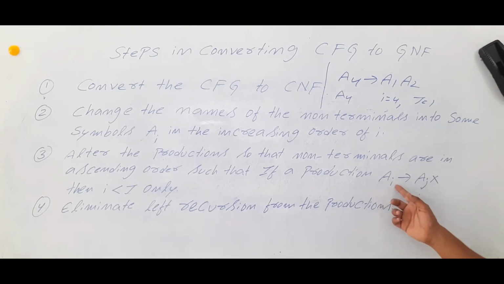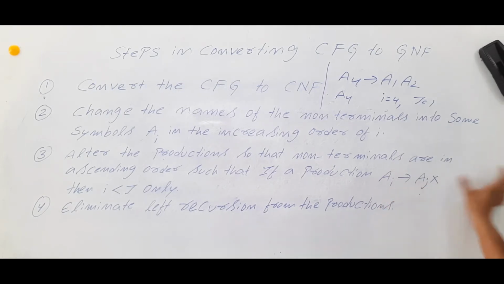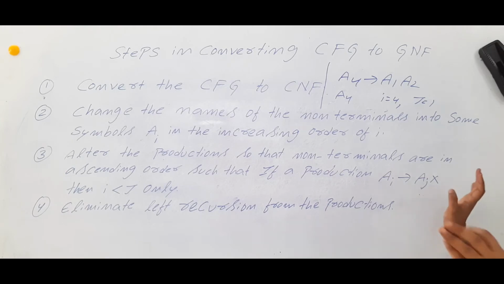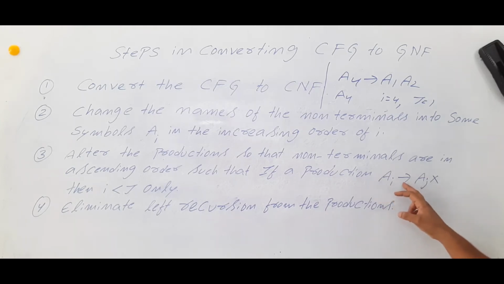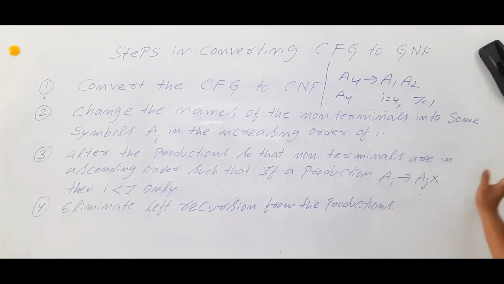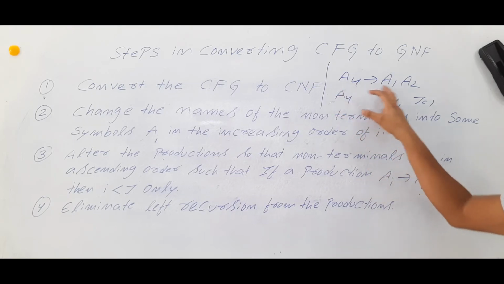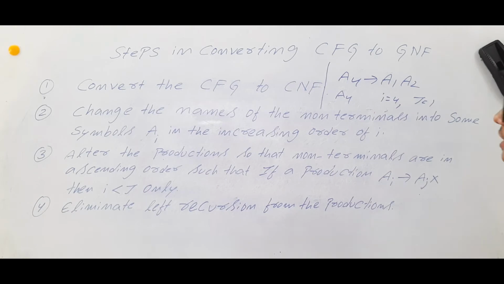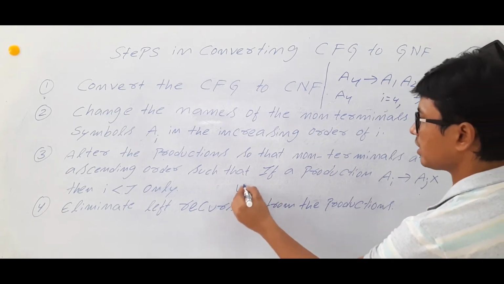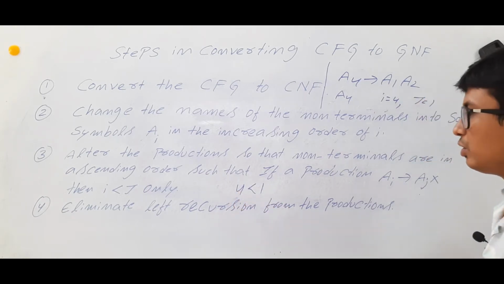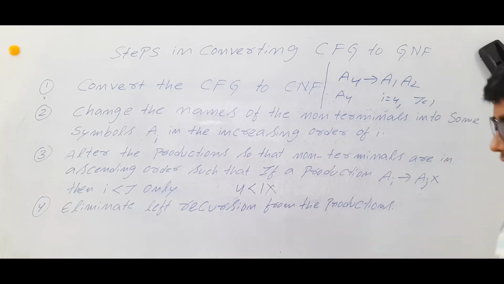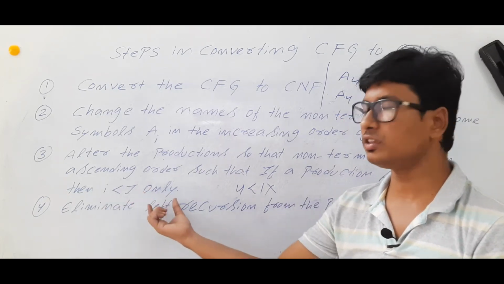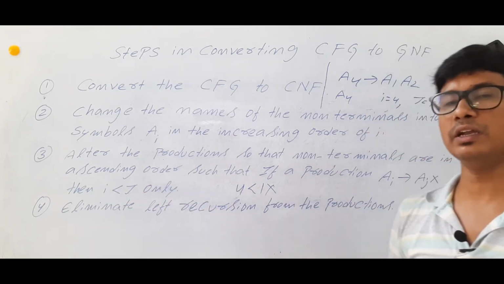It is in the form Ai determines Aj followed by some X. After Aj, whatever this X is, we don't worry. Now, according to this example, the i value is 4 and the j value is 1. Is 4 less than 1? No, it is not. So then what should we do? If it is in the form i less than j, then it is okay.